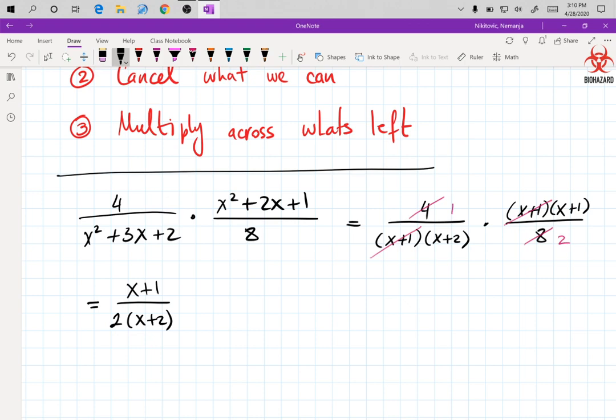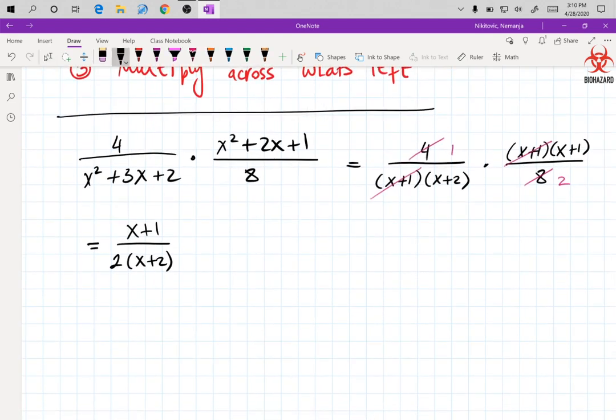Leave it in a factored form, because you can write 2x plus 4, but that's not simplified fully. You want to leave everything in a factored form. Multiplication is just done across, but make sure you factor and cancel first.